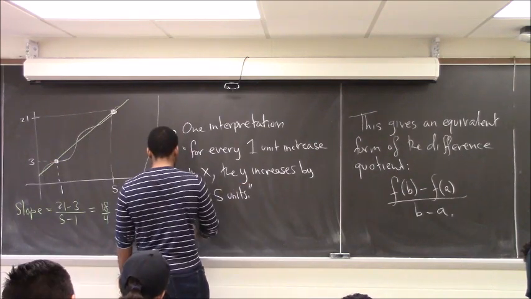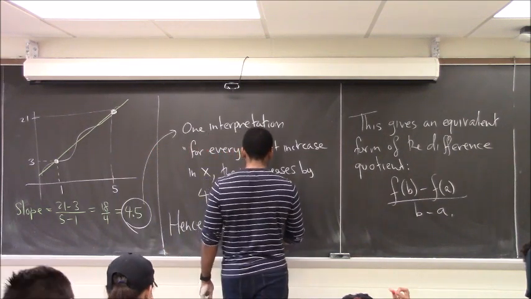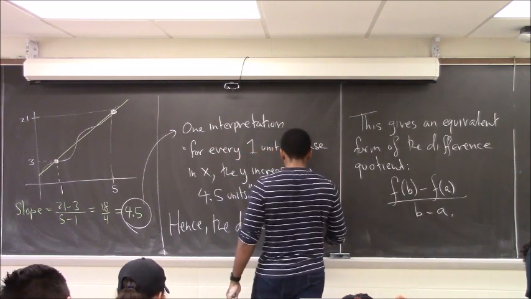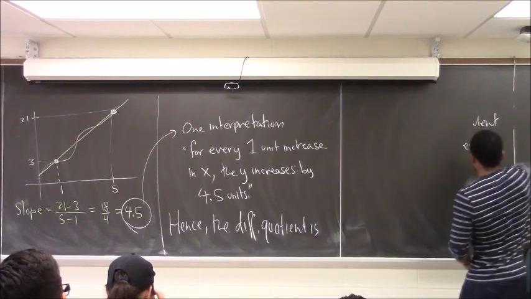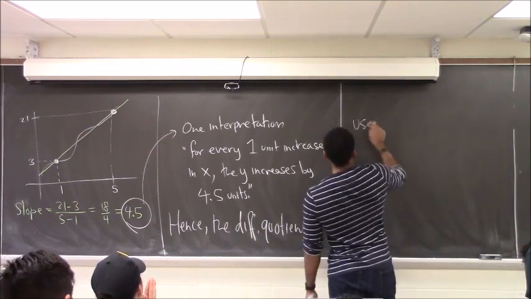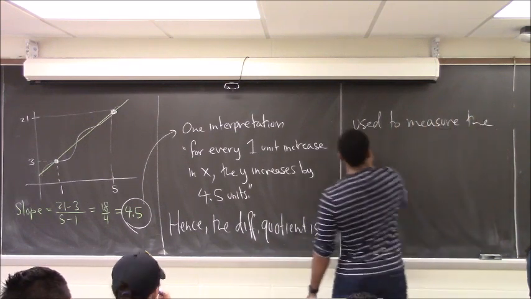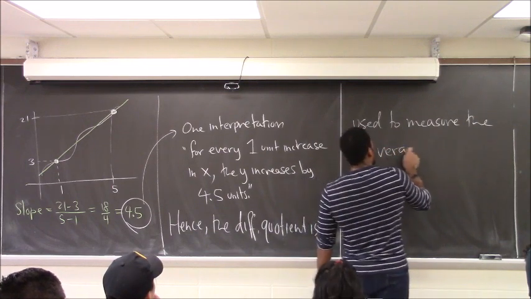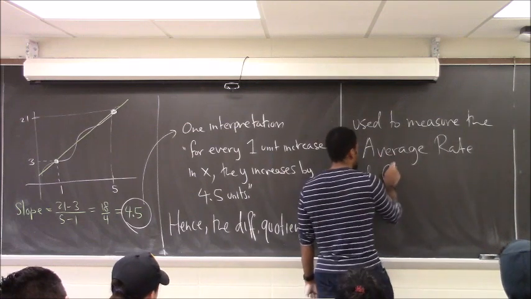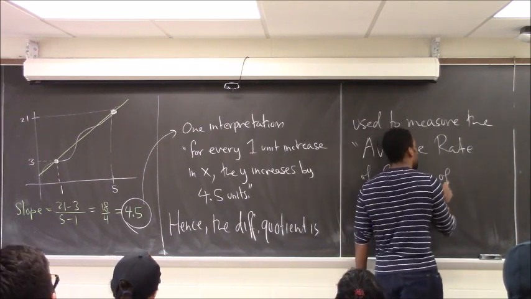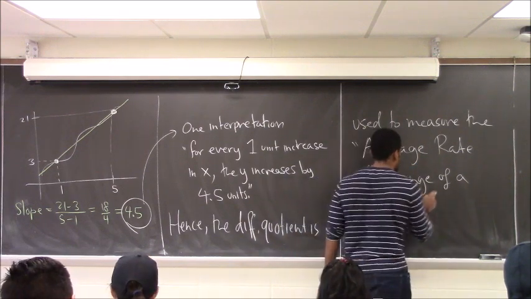And hence, the difference quotient is used to measure something that we call the average rate of change of a function on some interval.